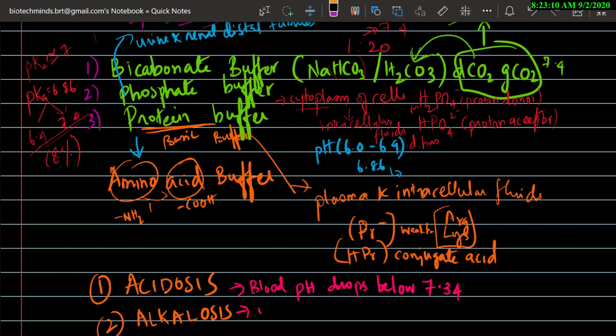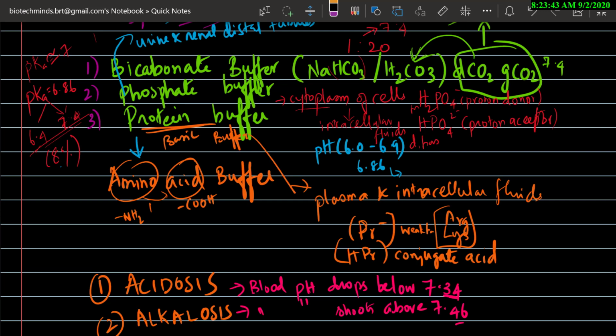If the blood pH shoots above 7.46, it results in the condition of alkalosis. You can see the accurate pH representation in two decimal places, 7.34 and 7.46, so it has to be maintained within these stringent levels.